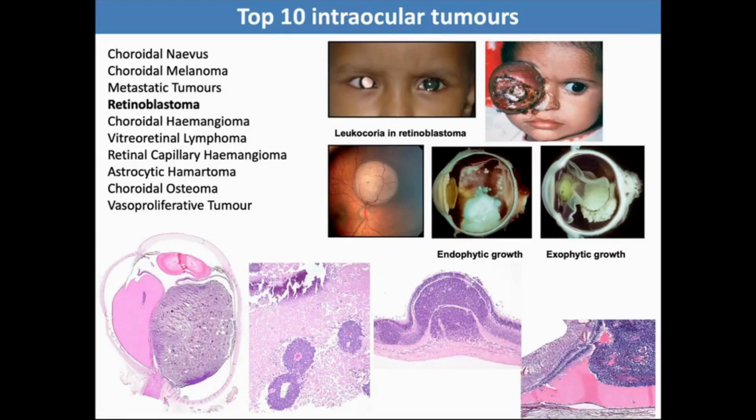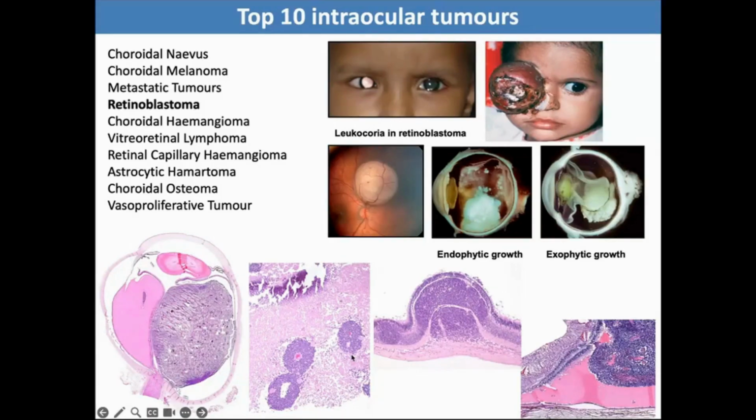What I should have mentioned above here is that you can have vitreous seeding of the retinoblastoma cells, and these can then percolate within the vitreous and also extend into the anterior chamber, being here, just immediately posterior to the cornea. So this is a massive retinoblastoma, as you can see here.